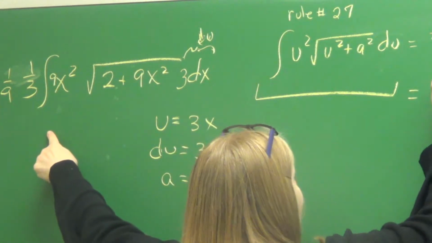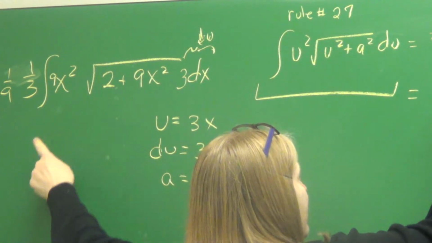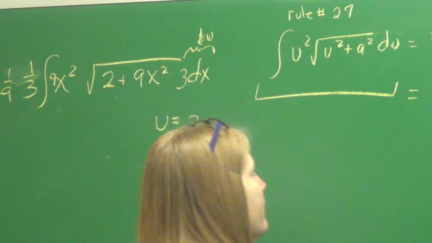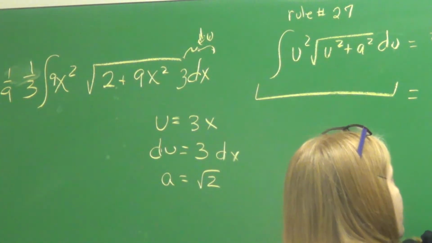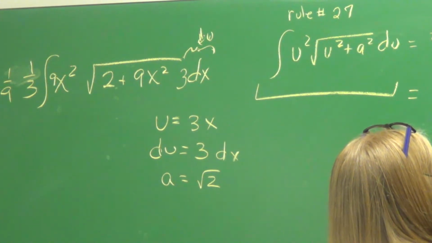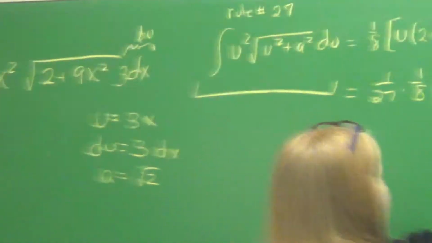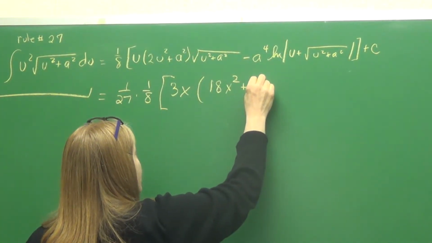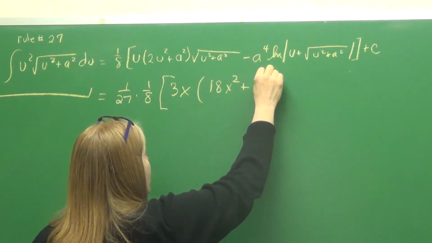We've got the 1/27, the 1/8, and then what? Then it would be 3x times 18x squared. All right, you're combining the 2 and the 9x squared. Go ahead. And then plus 2. All right, square root of 2 squared.